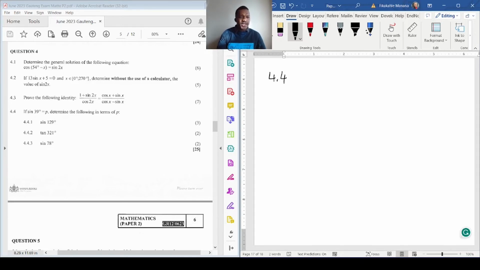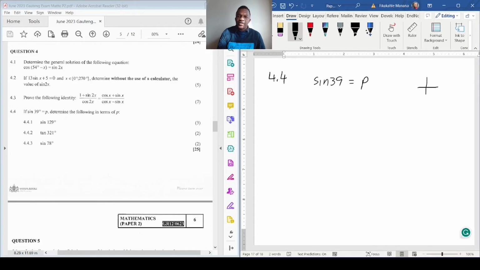Okay, so let's do question 4.4 now. It says if sine 39 is equal to p, determine the following in terms of p. Whenever you see these questions, you must always know you will have to draw a triangle. So we are given sine 39 equals p.